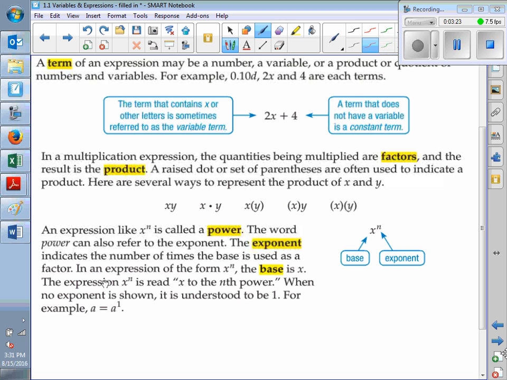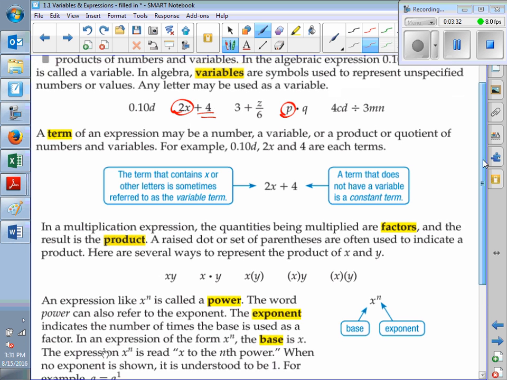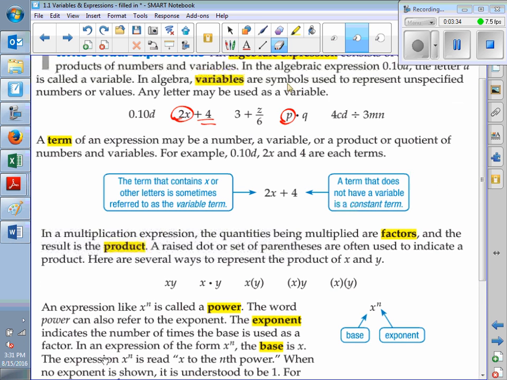In a multiplication expression, the quantities being multiplied are called factors. Okay? And the result is a product. So if I go back up here and look at these, if I look at 4cd, 4 is a factor, c is a factor, d is a factor.